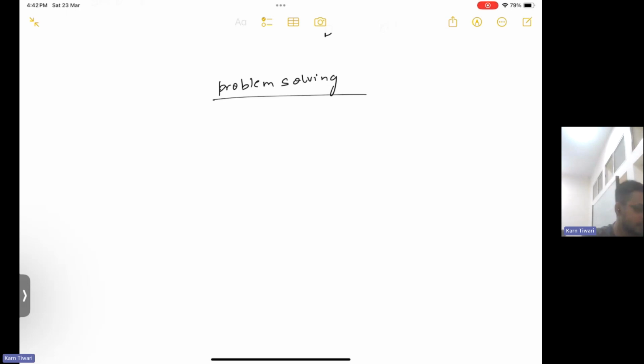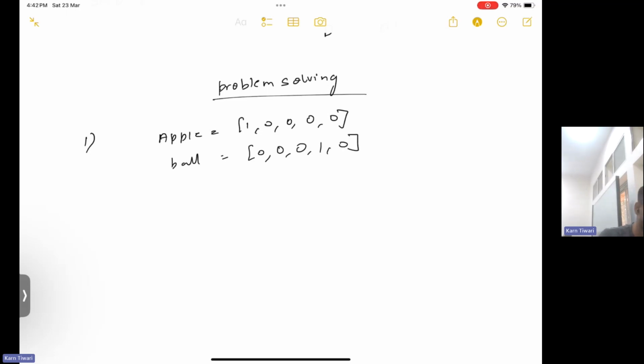We have been given a one-hot representation for two words, apple and ball. For apple it's 1 0 0 0 0, in five dimensions, and for ball it's 0 0 0 1 0.